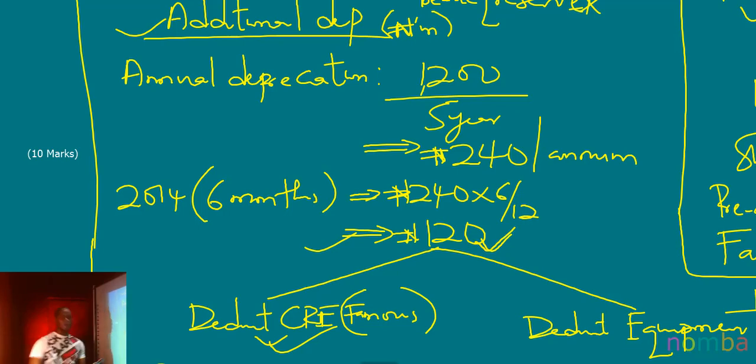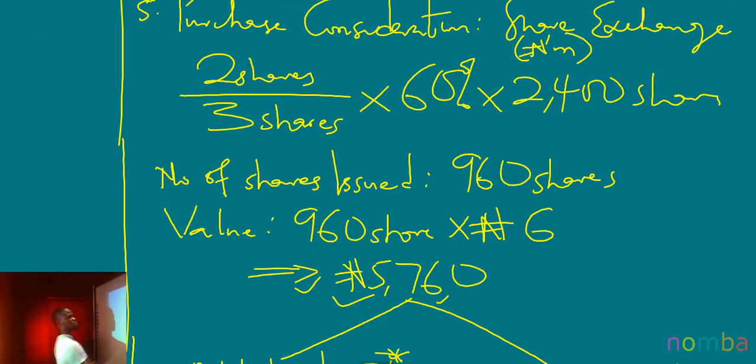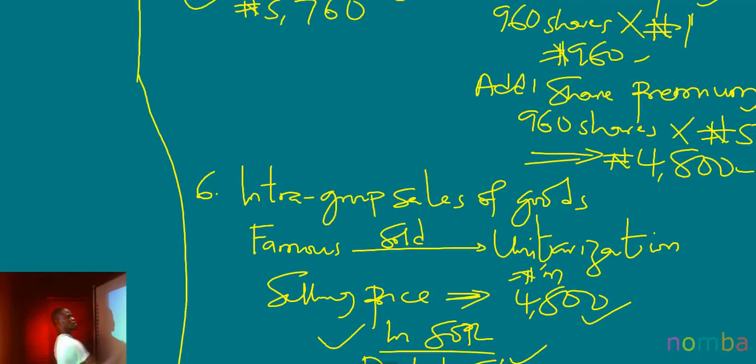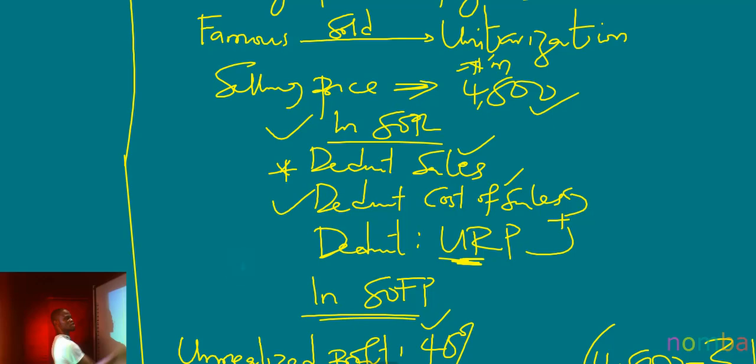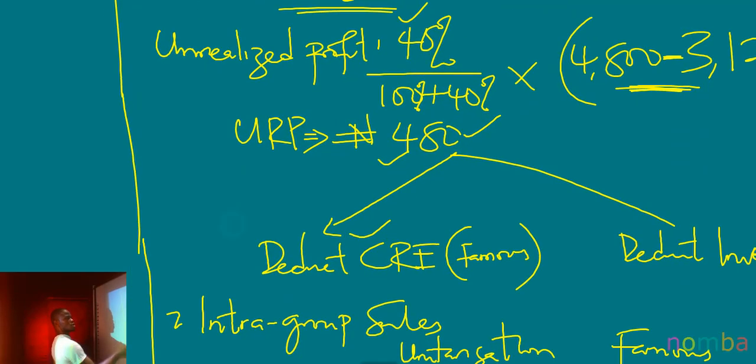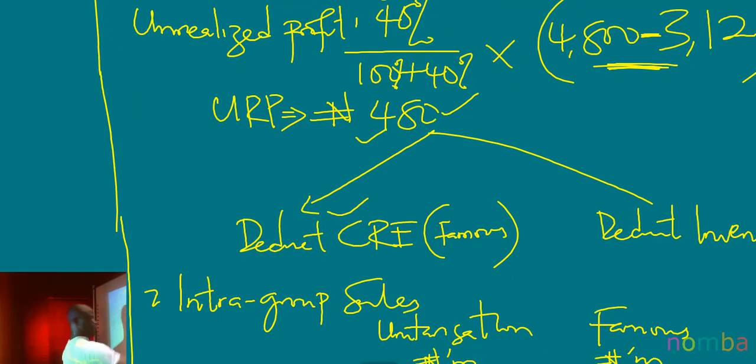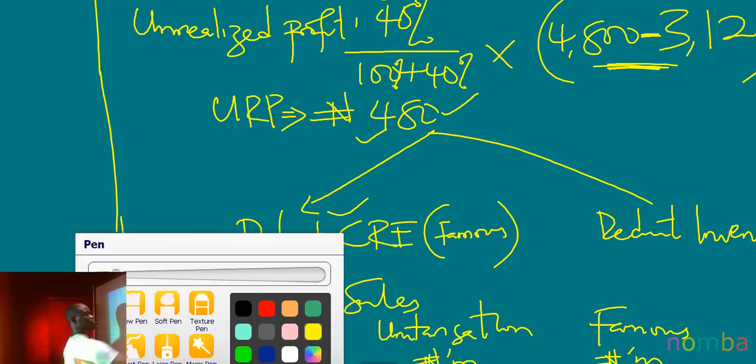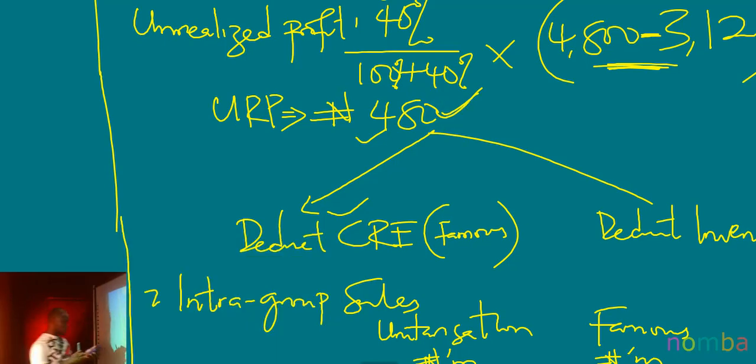So we need to deduct that 120 from the 900 first. We'll be left with 780. And also, apart from the additional depreciation, you need to adjust for the unrealized profit. The unrealized profit of 480. So we're going to deduct 480. When we deduct 480, we'll be left with 300.